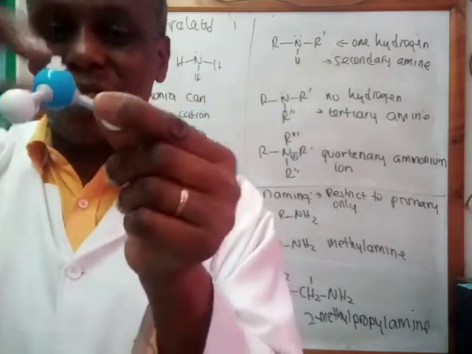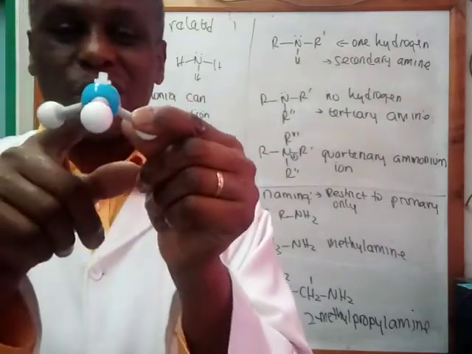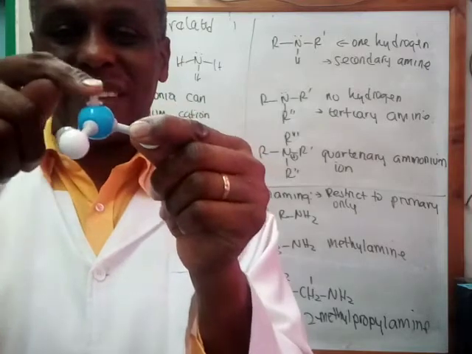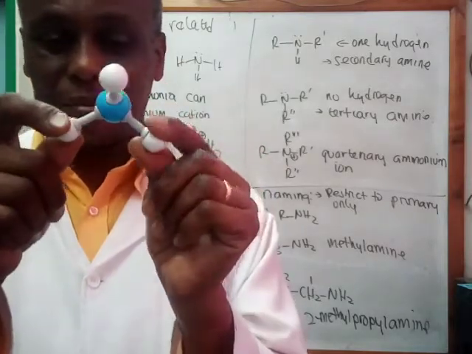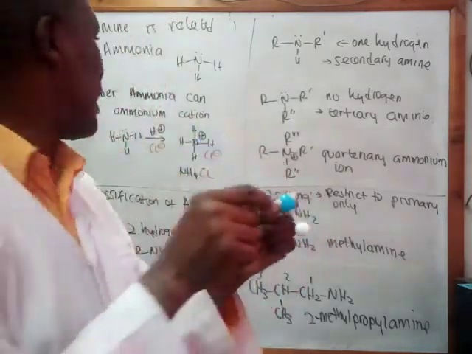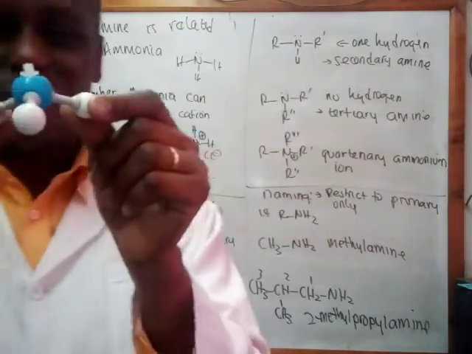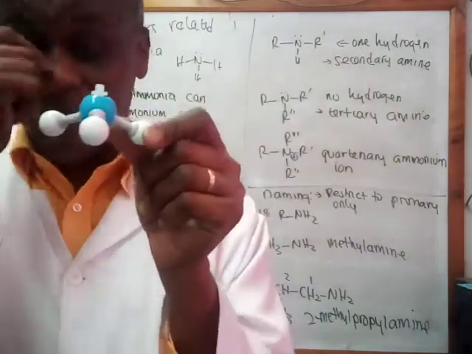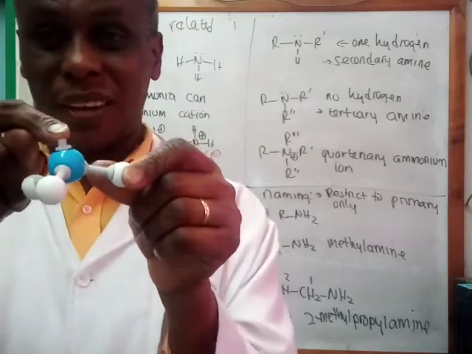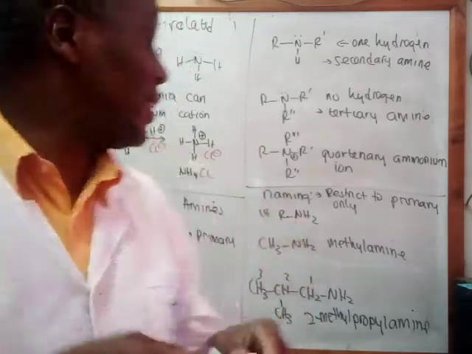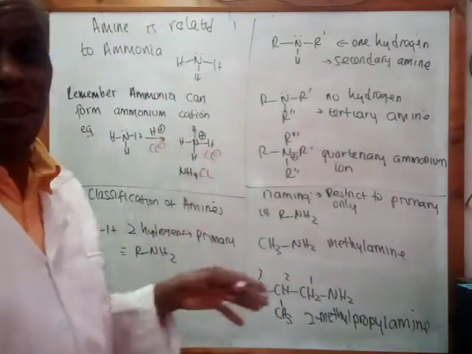So these are tetrahedral. This is ammonia, nitrogen, 3 hydrogens, and then there is the lone pair, tetrahedral structure. So ammonia, amines are going to be related to this structure of ammonia. So that tells you that the lone pair will still be there until it forms an ammonium salt.